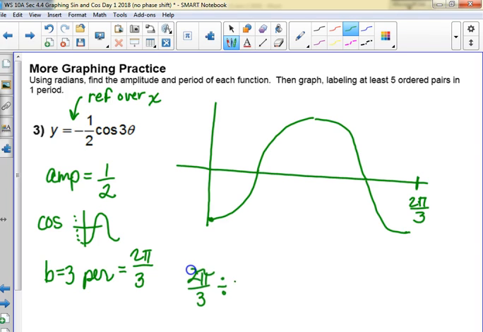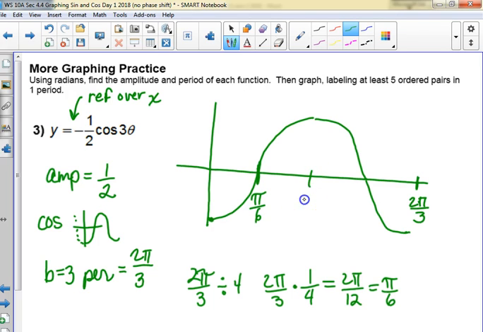Quarter means divide by 4, which means 2 pi over 3 gets multiplied by 1/4, which is 2 pi over 12 or pi over 6. So this point is going to be 1 pi over 6.